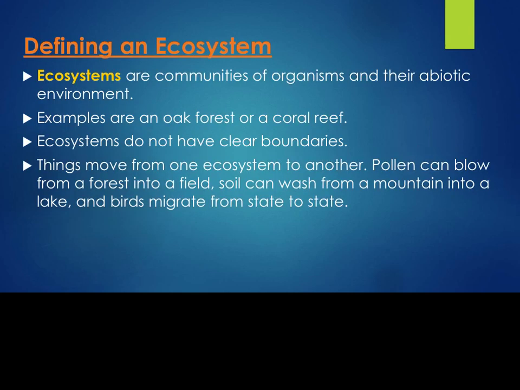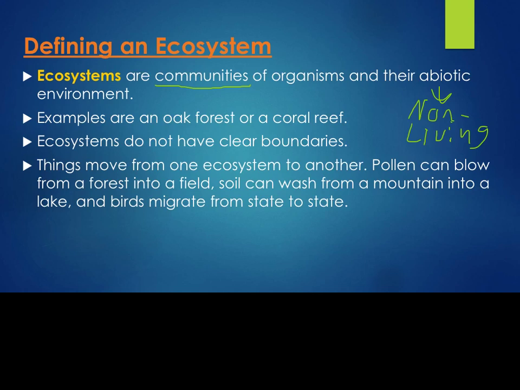Before we can start talking about how organisms interact in ecosystems, we have to talk about what an ecosystem is. Ecosystems are communities, groups of organisms, and the abiotic or non-living factors in that area, in that environment.